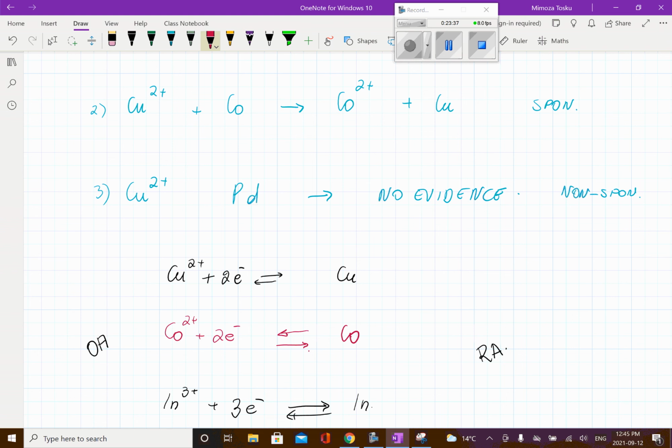Now, the third one is that we don't have evidence of a reaction between copper 2 plus and Pd. That means we can use copper 2 plus as a pivot. Since it is not reacting, Pd is above copper 2 plus on the oxidizing agent side, so Pd will be somewhere in here.